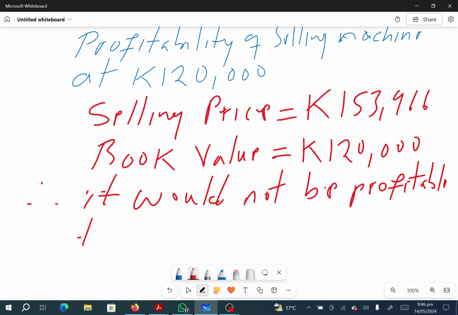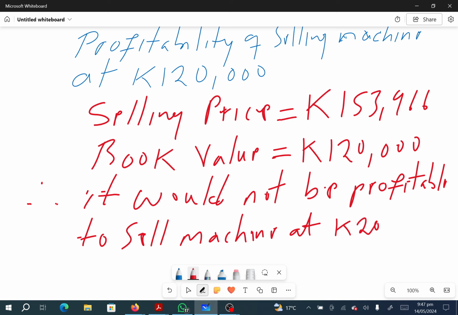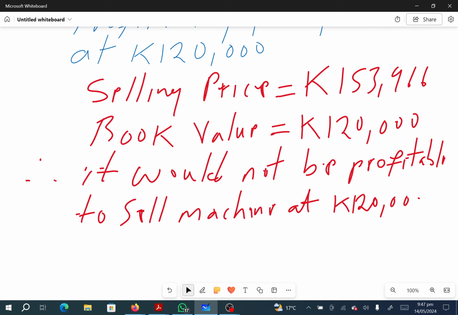To sell the machine at 120, at the end of 2007.